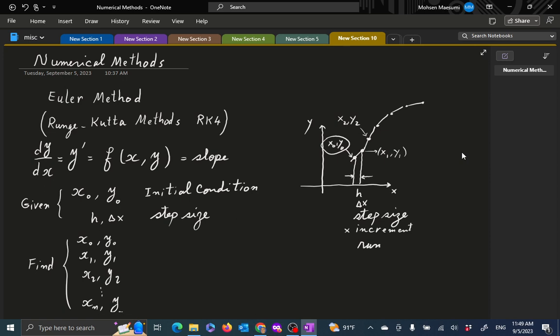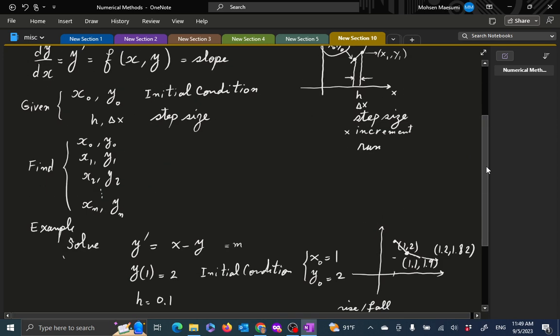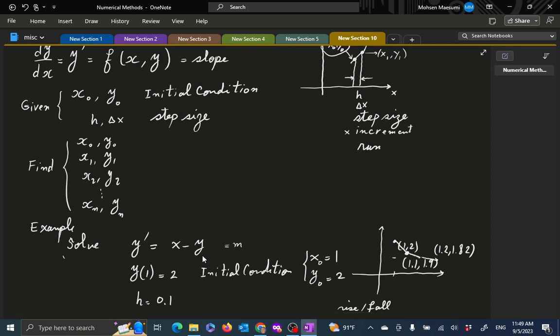We can use this table sometimes to get an idea of how accurate it is by comparing it against a better table, or against the exact solution, if you happen to have access to it. So in this problem, for example, x minus y, you can solve this by the integrating factor method and compare your solution against this one.